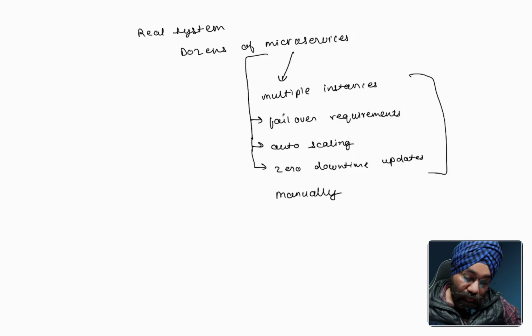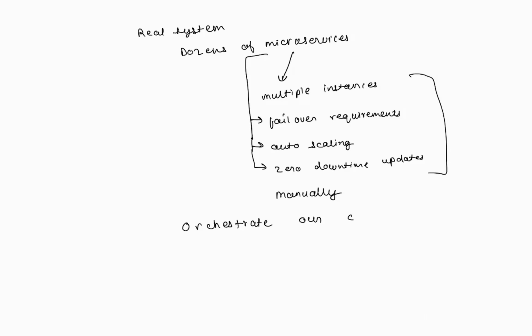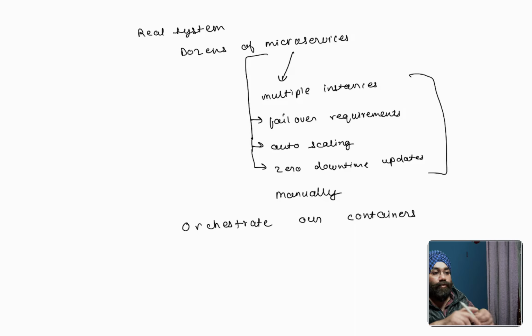So what we need is something to orchestrate our containers. Understand? In an orchestra, there is a head who has a stick in his hand and he makes actions with his hand, and the complete orchestra plays accordingly.